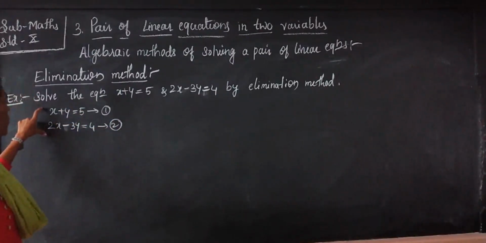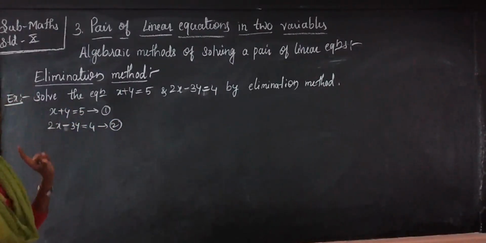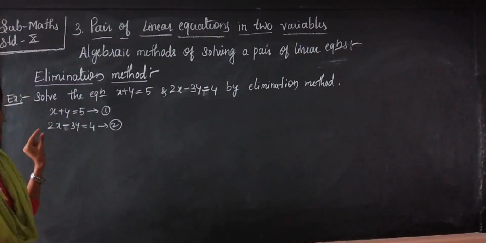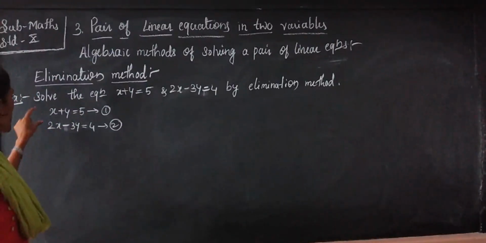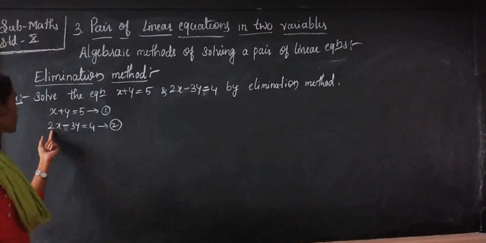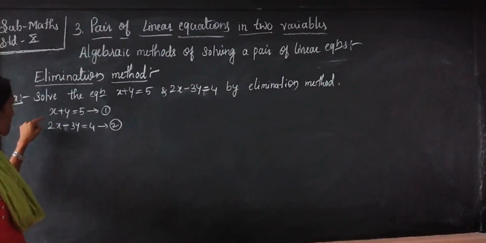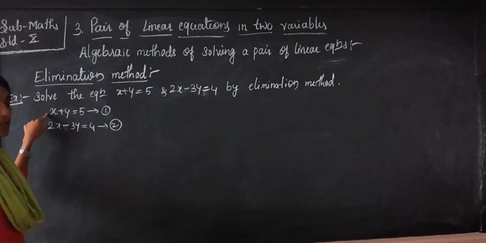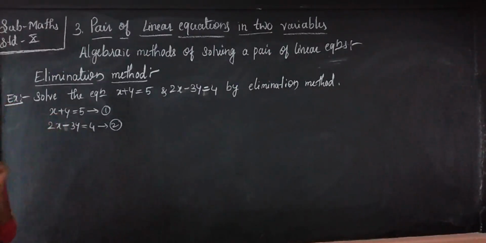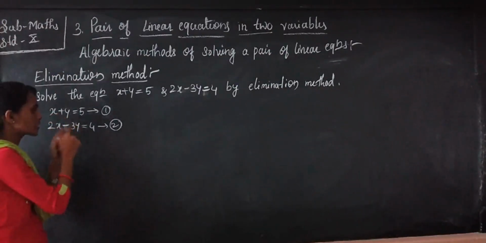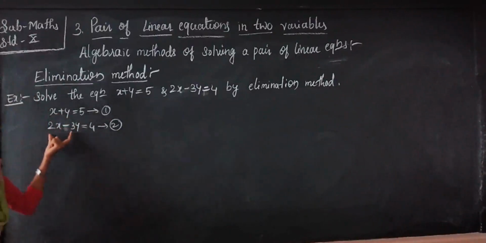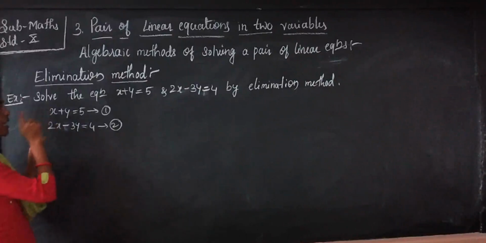Check whether in these two equations any one variable is the same. Here 2x is there, here x is there. We want to cancel the x variable, otherwise we can cancel the y variable. Any one of the variables we have to cancel in the first stage.